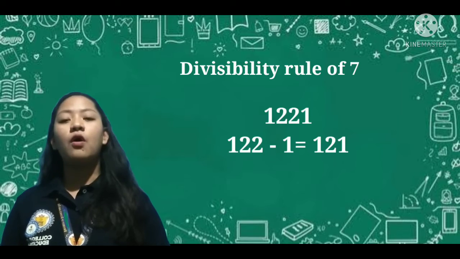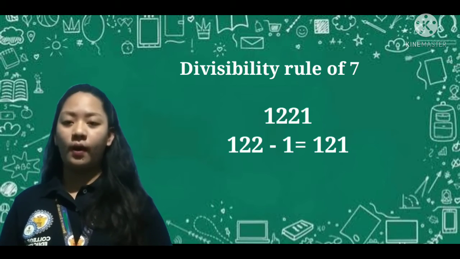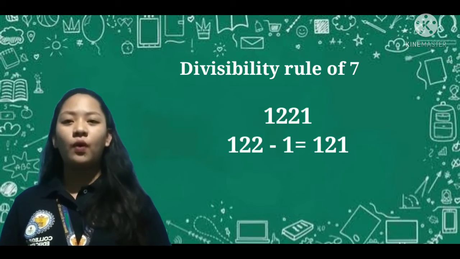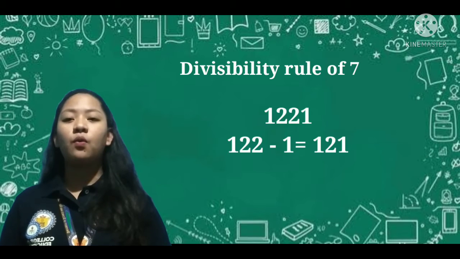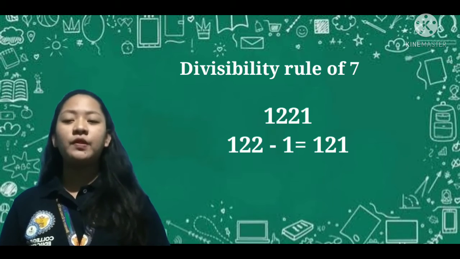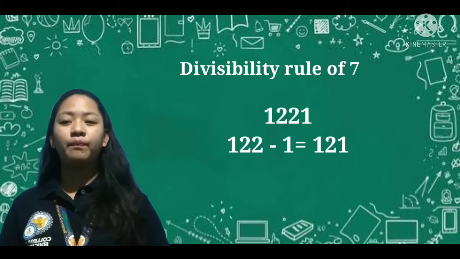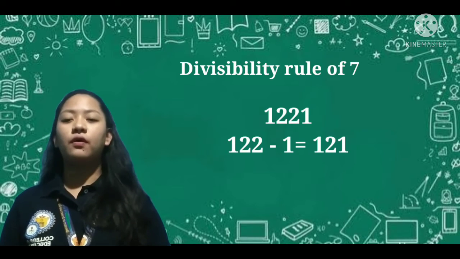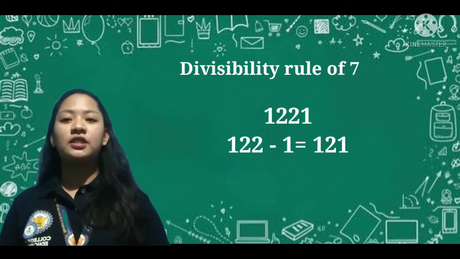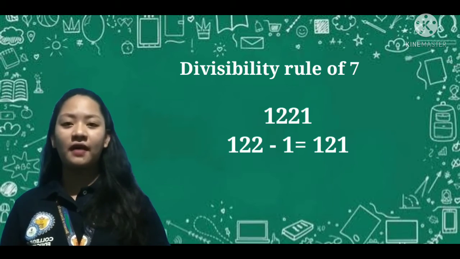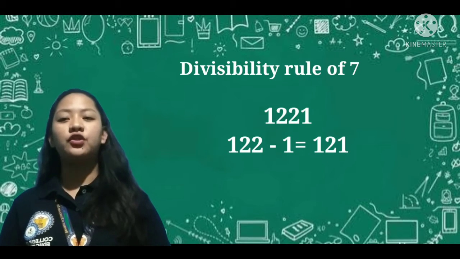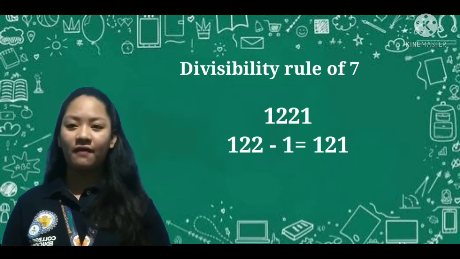For example, 1221. The last digit is 1, so 122 minus 1 is 121. Since the last two digits are 21, which is divisible by 7, therefore 1221 is divisible by 7.